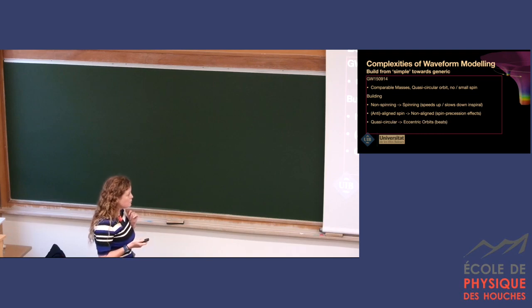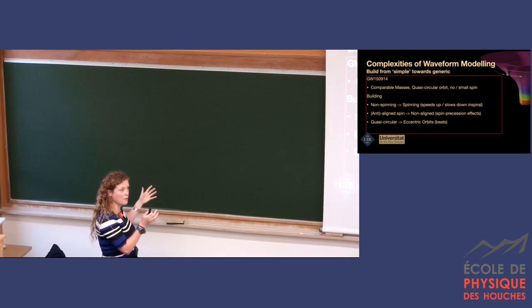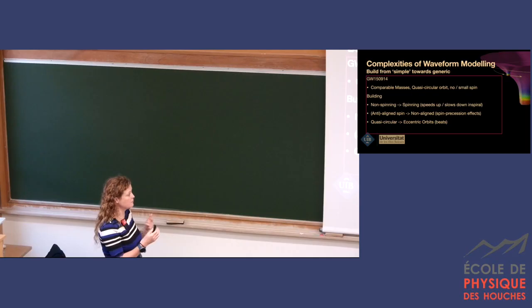Then also, like I said, the ones that we've been seeing a lot are quasi-circular, which means you expect the orbits to circularize as they get closer and closer together. But we also expect you could have eccentric orbits being seen in the detectors, especially if you see more of the inspiral before they circularize. But also there's this idea of dynamic capture, where you might have a very eccentric orbit, and it doesn't have time to circularize before they merge.